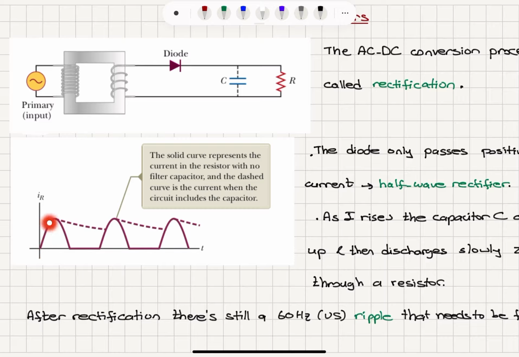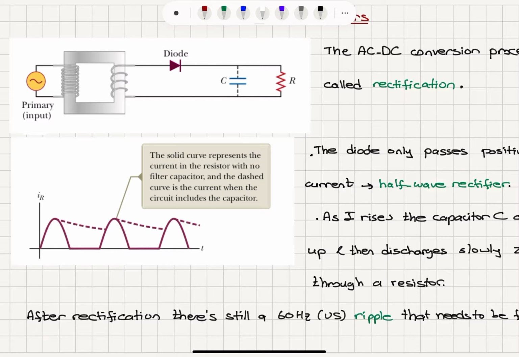So for the positive cycle, when the current is increasing, the capacitor is going to charge up, and then when the current starts decreasing, the capacitor will start discharging, passing current through the resistor. This will discharge rather slowly with a time constant RC.